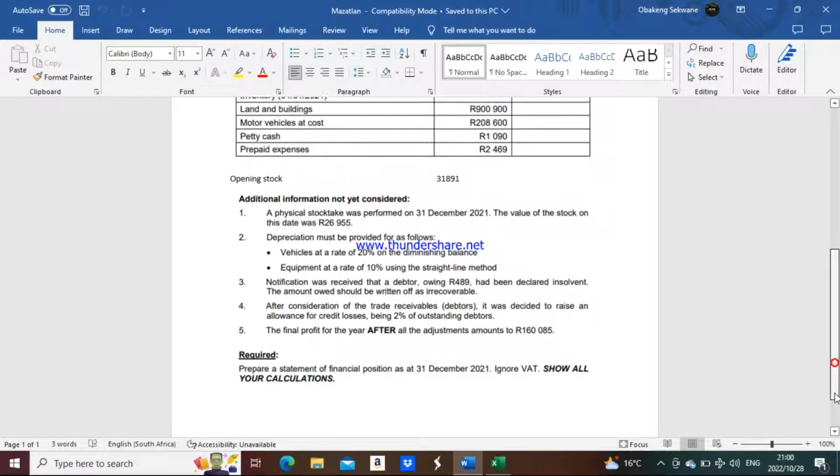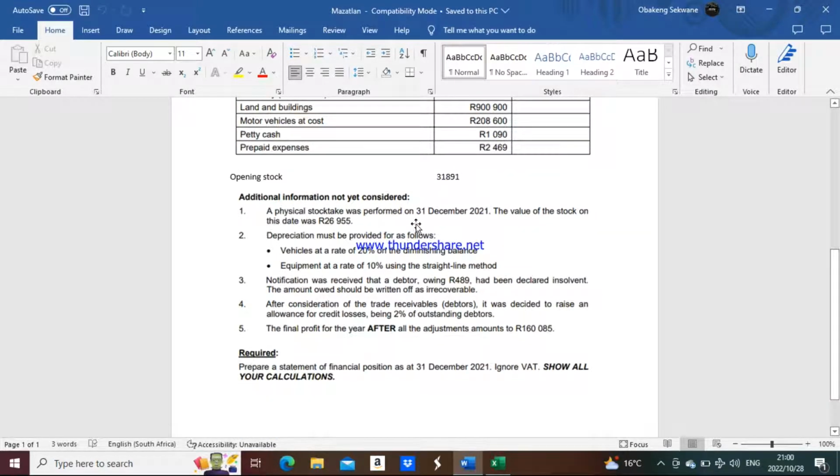In our additional information, we have the following. A physical stock take was performed on 31 December 2021. The value of the stock take on this date was 26,955. Then we have our depreciation on vehicles and equipment. Then notification was received that a debtor owing 489 had been declared insolvent. The amount owed should be written off as irrecoverable.